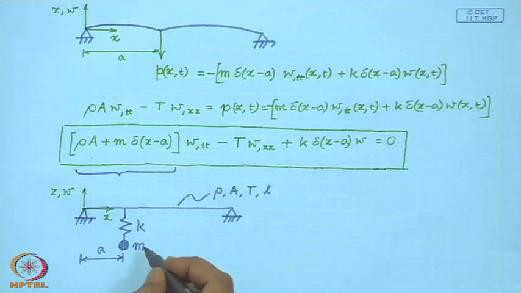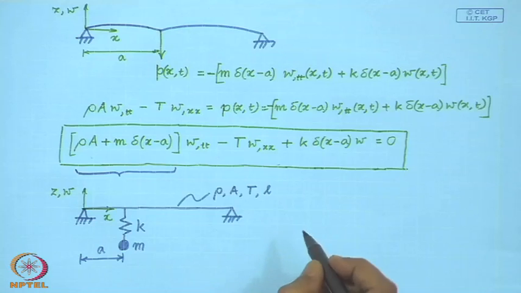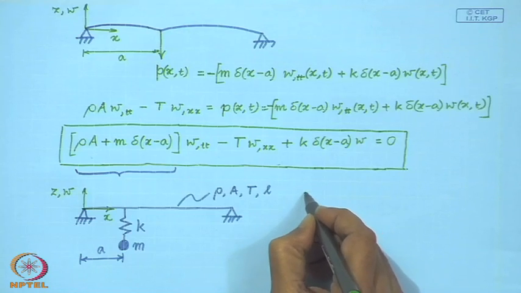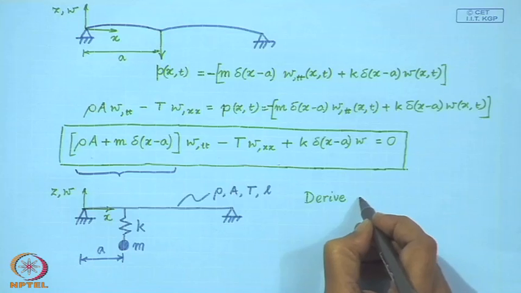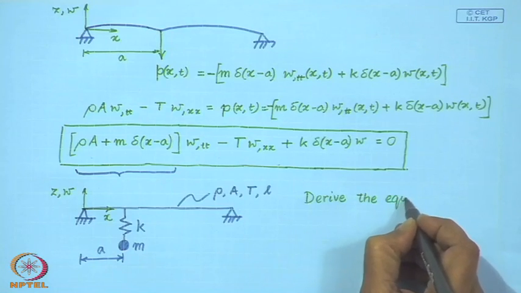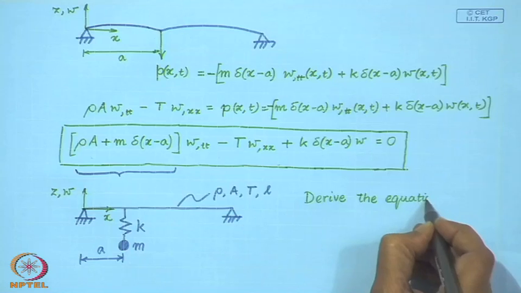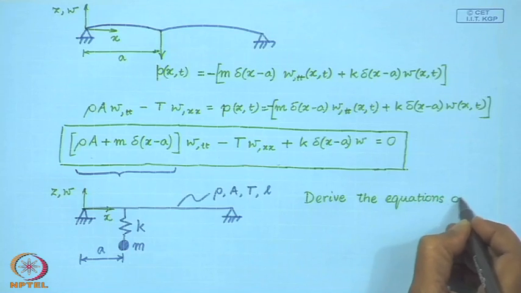The absorber has a mass m and stiffness k attached at x equal to a. So, derive the equations of motion.